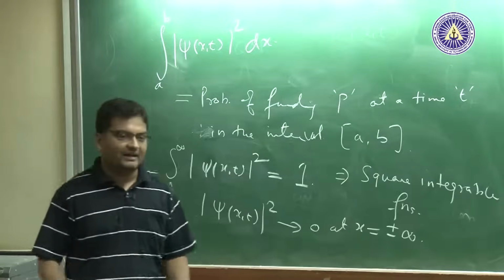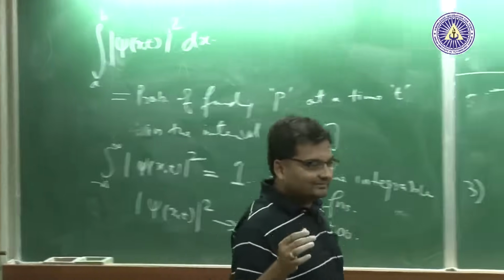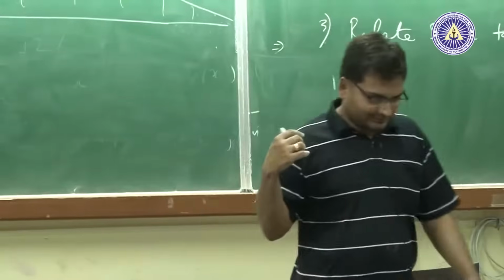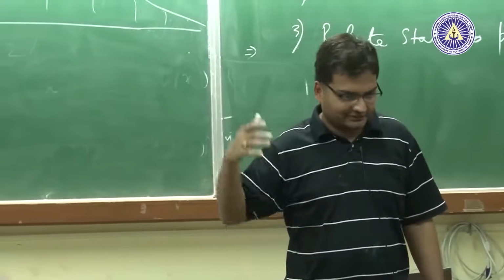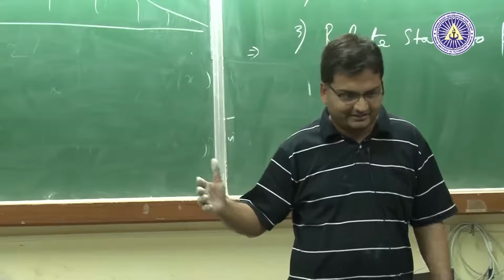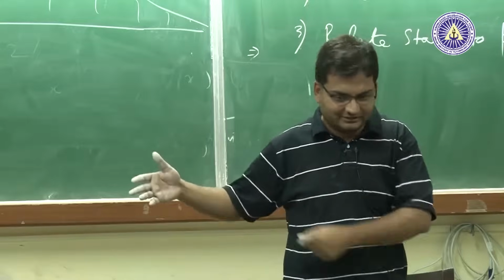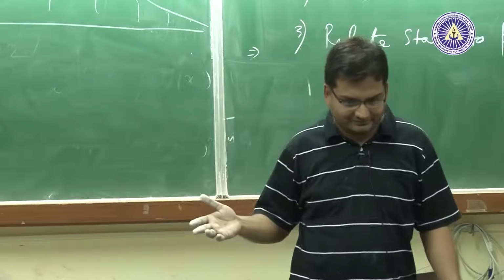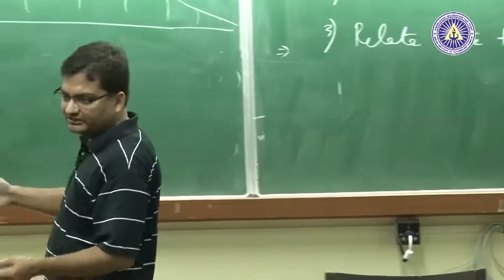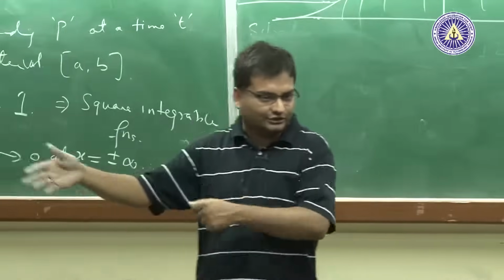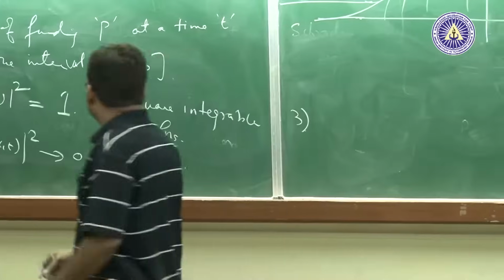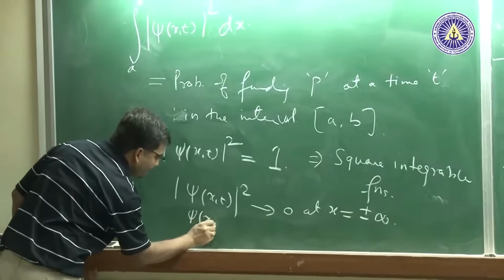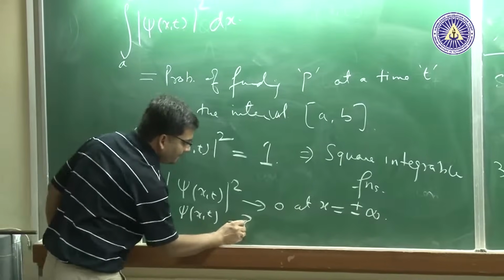I can even extend this and say, let me set my wave function to 0. So, mod psi square is the real part of the wave function squared plus the imaginary part squared. Since mod psi square is the sum of two terms, each of them goes to 0. So, I may even say that my psi goes to 0.